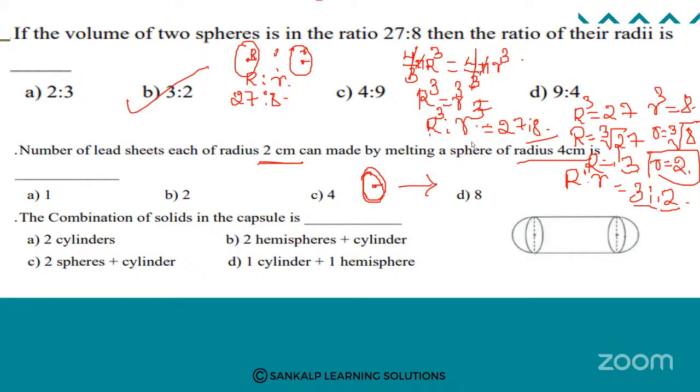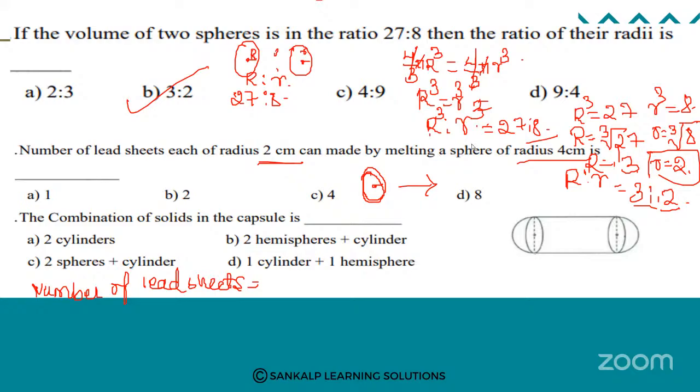Now, the number of lead sheets. How many lead sheets are we going to get here? That means the number of lead sheets is equal to, here 2 spheres are there, right?